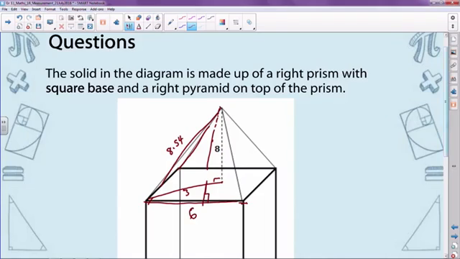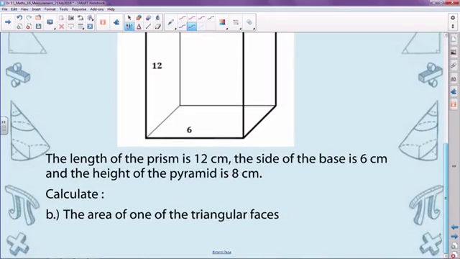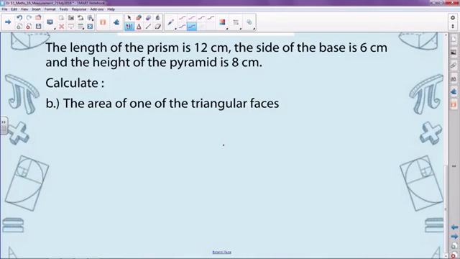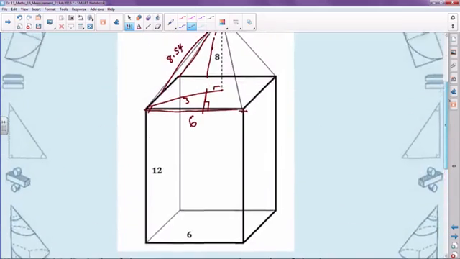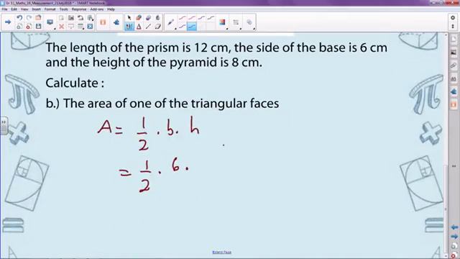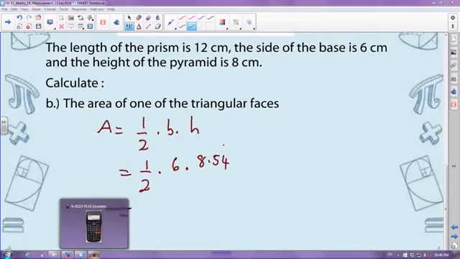So now to work out the area of any of the triangular faces, you're going to have area equals half times the base times the height. So it's half times the base, which is 6, and then the height is 8.54. Now let's multiply out.